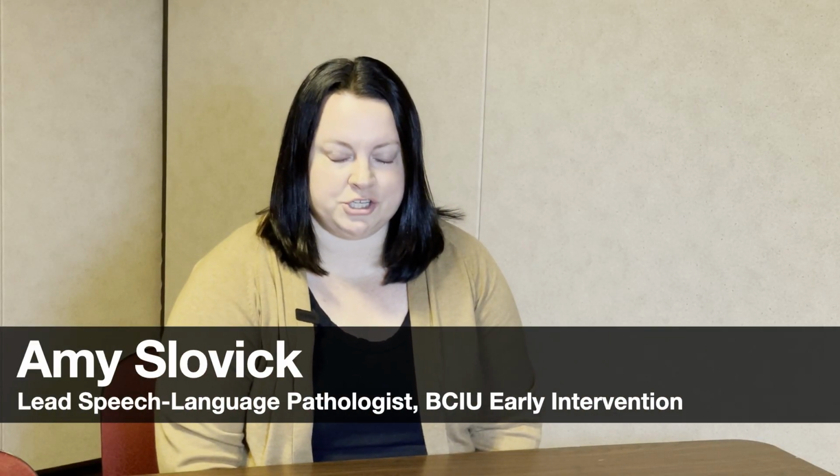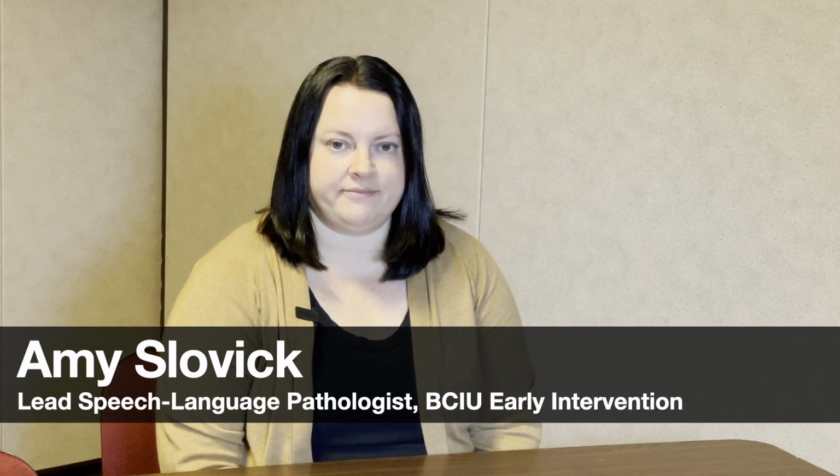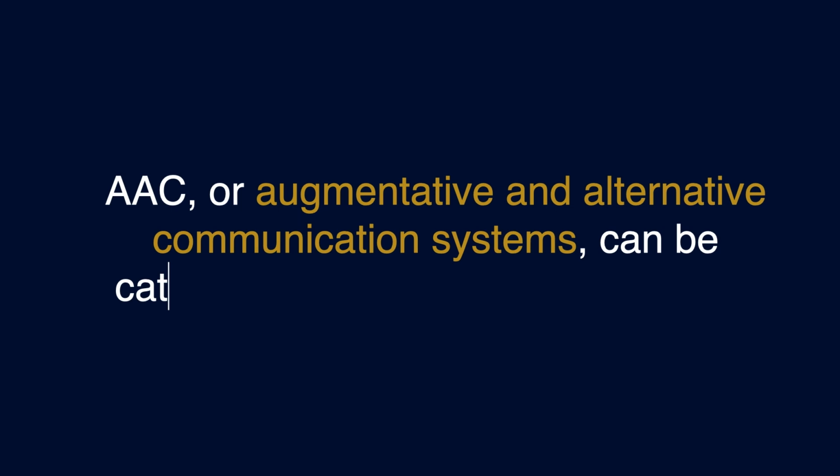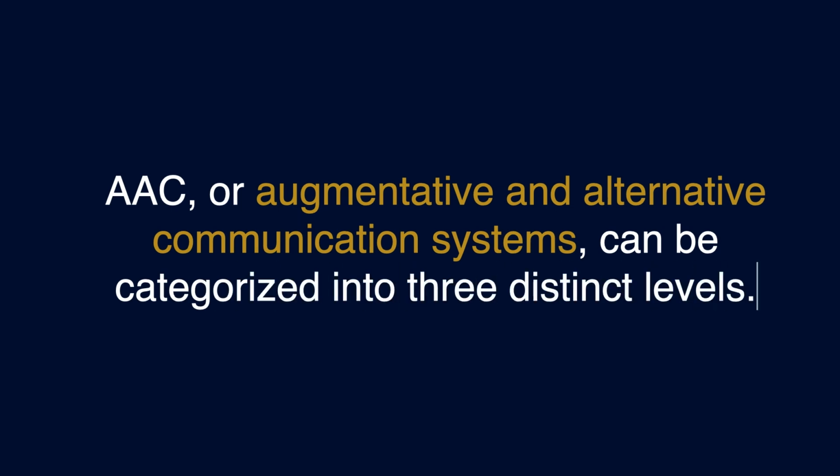The assistive technology team utilizes a multifaceted approach to determining which level of AAC may work best for a student. AAC, or Augmentative and Alternative Communication Systems, can be categorized into 3 distinct levels: low-tech, mid-tech, and high-tech.